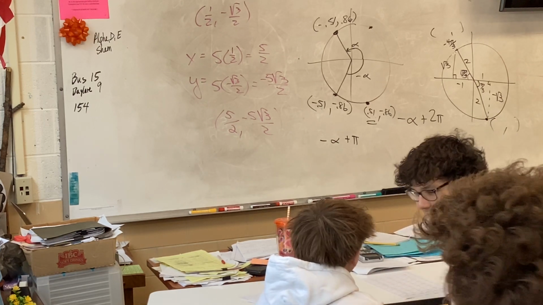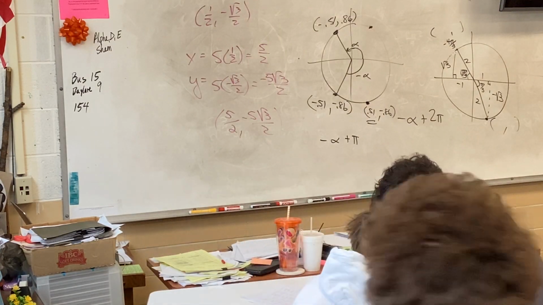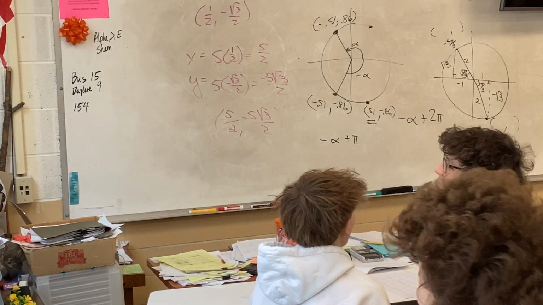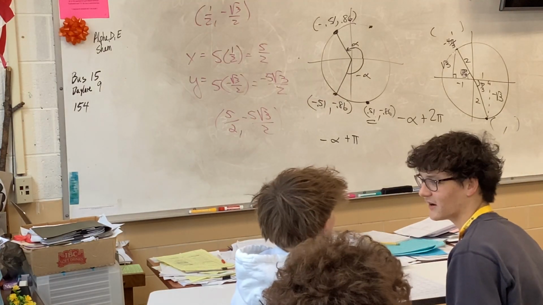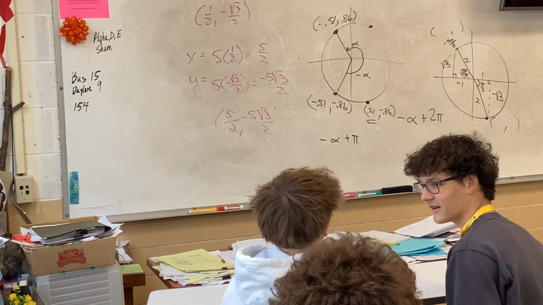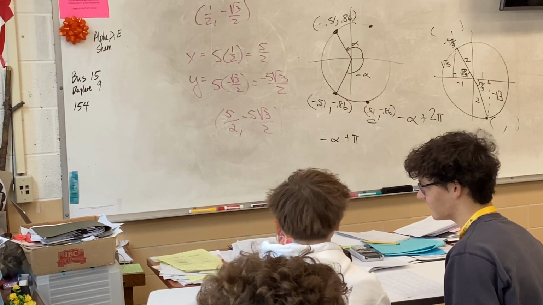If you need to use your unit circle, go ahead, but we need to start getting used to it, because on your quiz, I will not give you a unit circle. Obviously you can make one out of a corner or something on your own, that's fine.